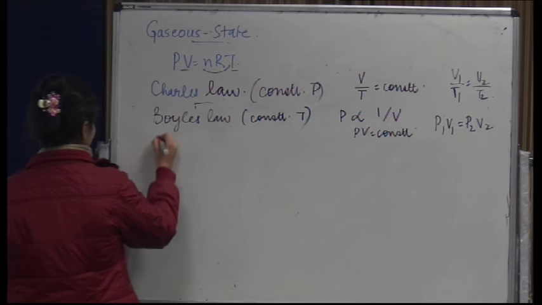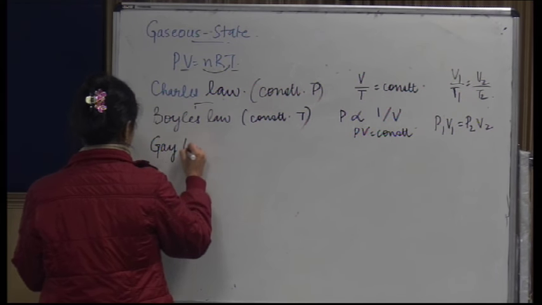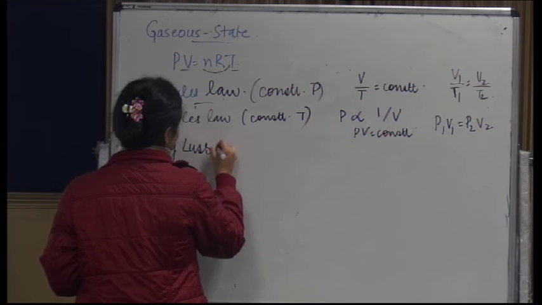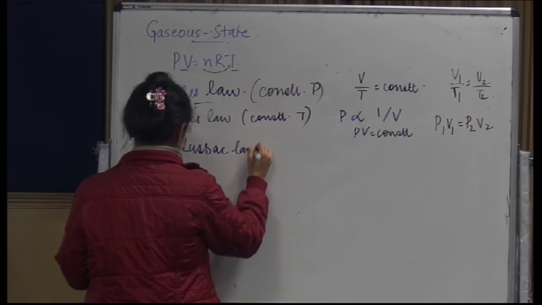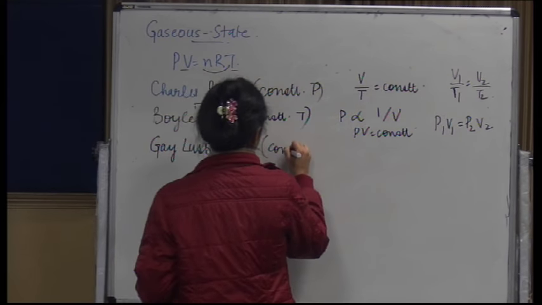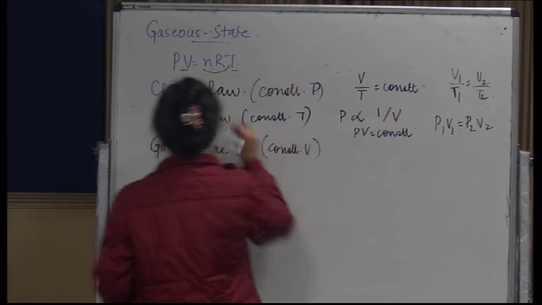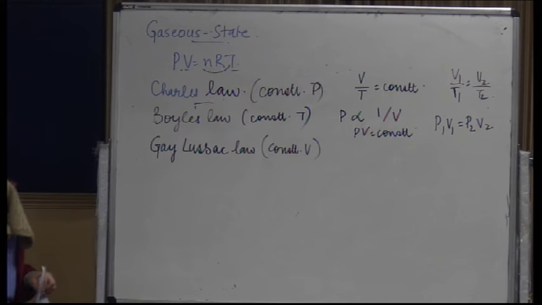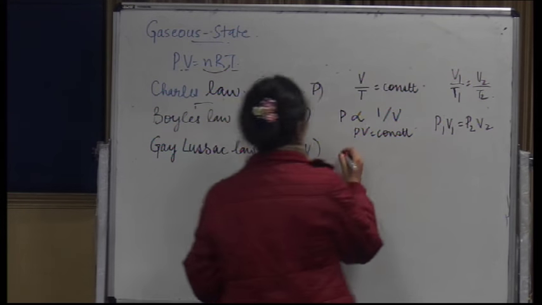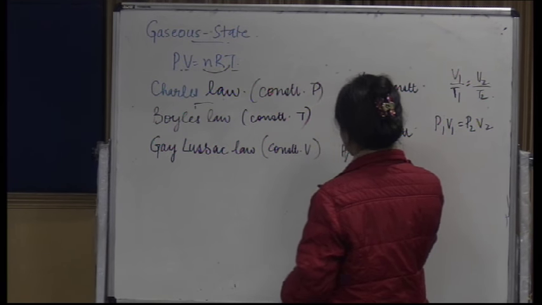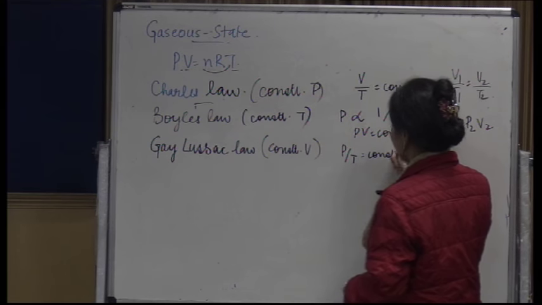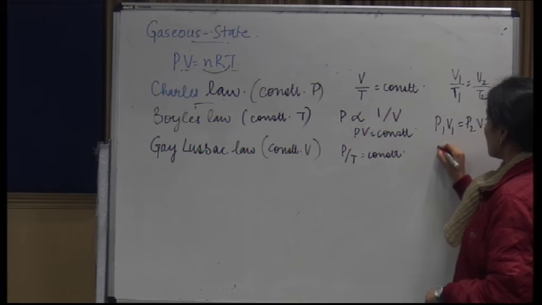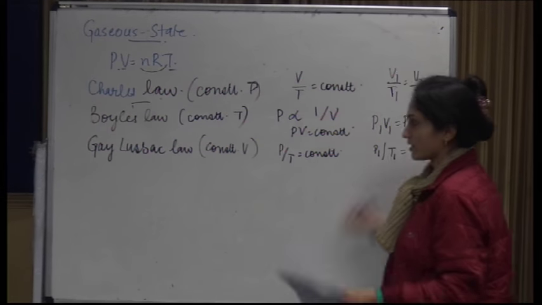Then we talked about Gay-Lussac's law of constant volumes. In Gay-Lussac's law you have constant volume, so your pressure will be directly proportional to temperature. Here P by T is a constant, and the relationship from your numerical point of view will be P1 by T1 is equal to P2 by T2, as simple as that.